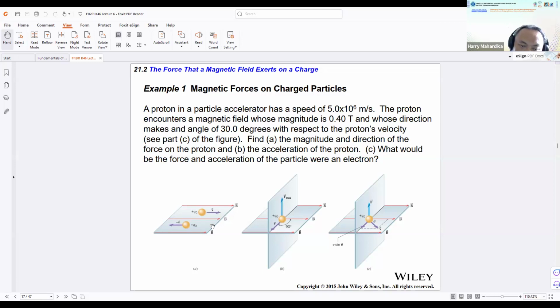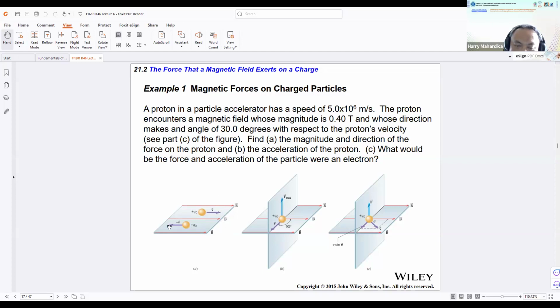Even though it is a 180 degree difference from the first situation, the plane of the direction of V and B is still the same, which is basically the x-axis.